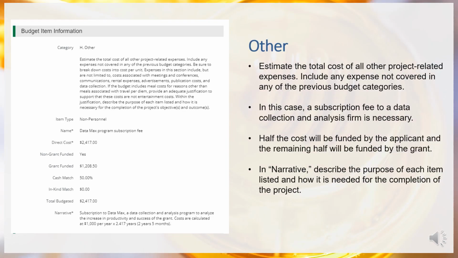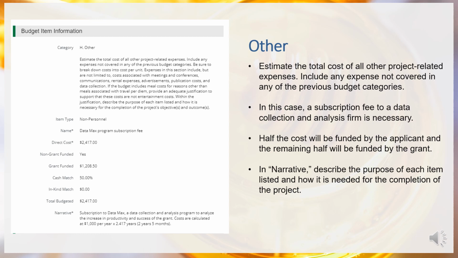Next is the other category. Estimate the total cost of all other project-related expenses. Include any expense not covered in any of the previous budget categories. In this case, a subscription fee to a data collection and analysis firm is necessary. Half the cost will be funded by the applicant, and the remaining half will be funded by the grant.